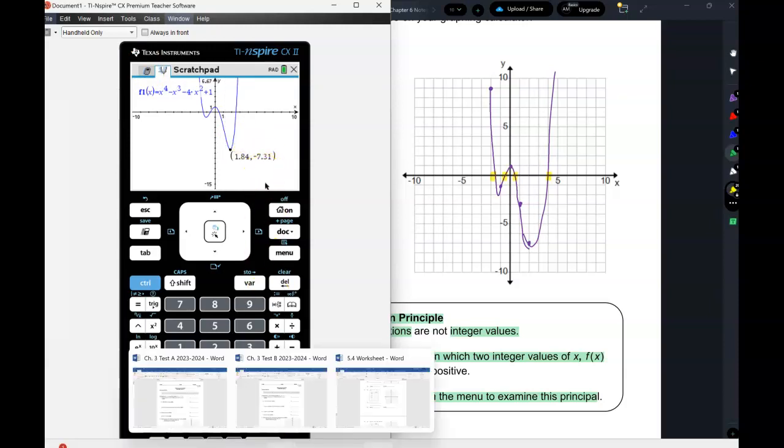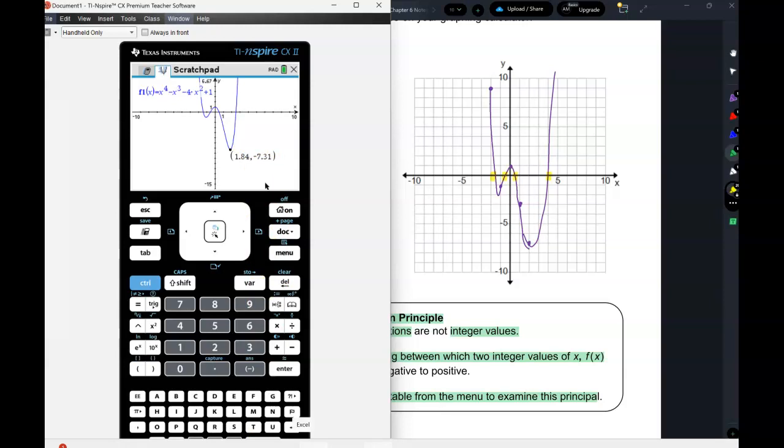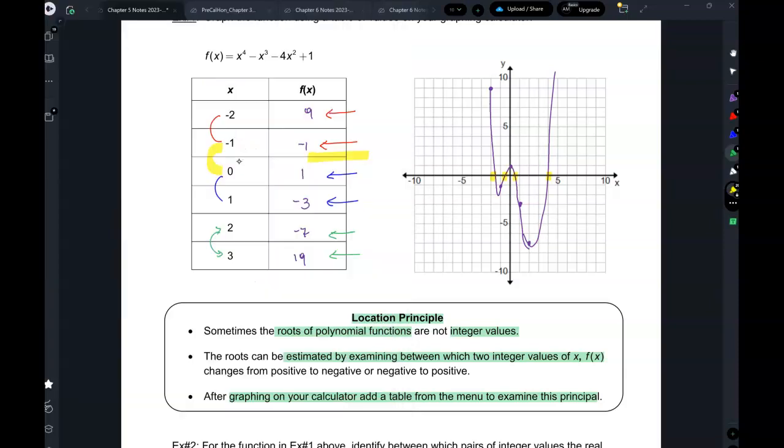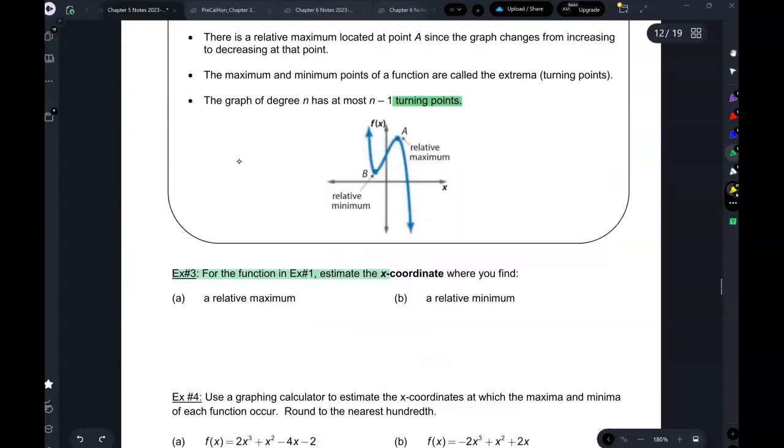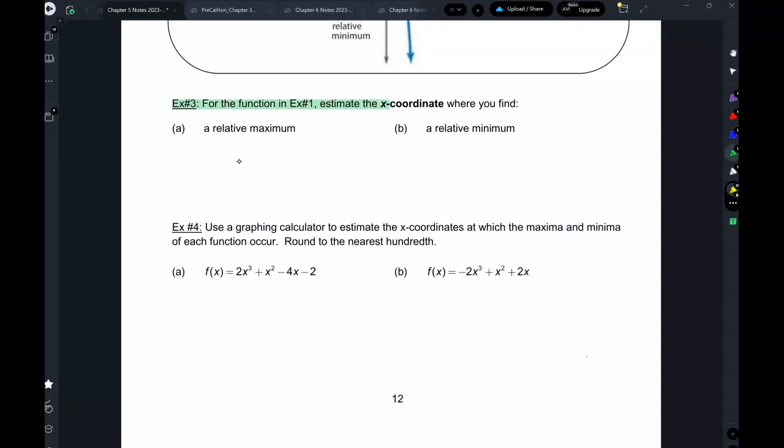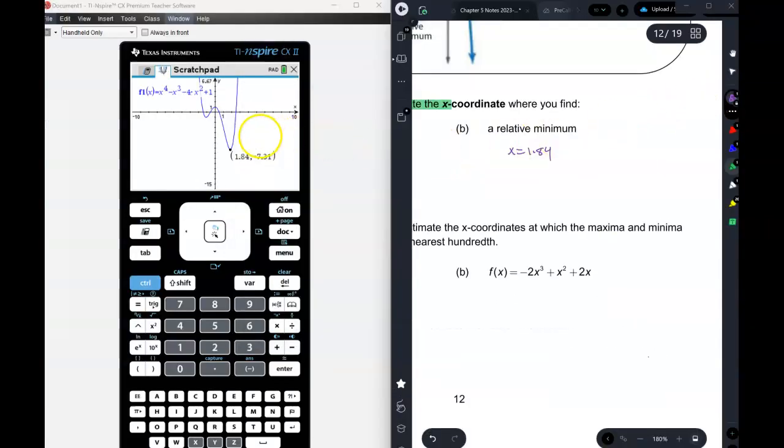And here, that's the location of the minimum, okay? We only look at the x values. So here we're going to say there is a relative minimum at x equals 1.84. Okay?